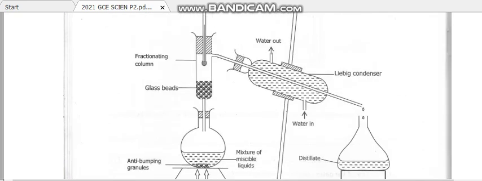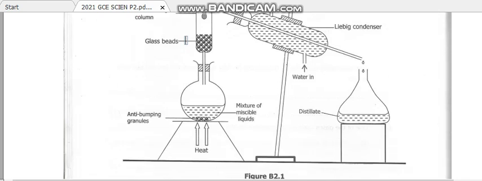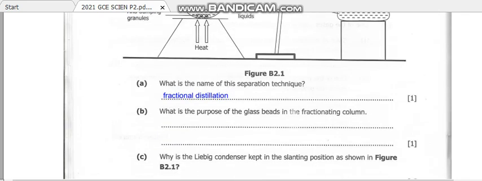So we're able to see these glass beads there. We need to understand the purpose is just to increase the surface area for condensation. So increase the surface area for condensation.